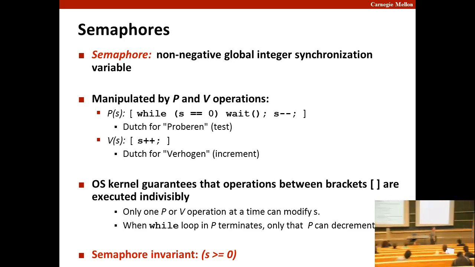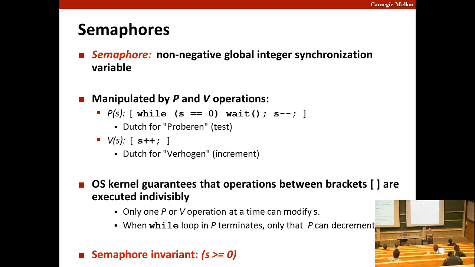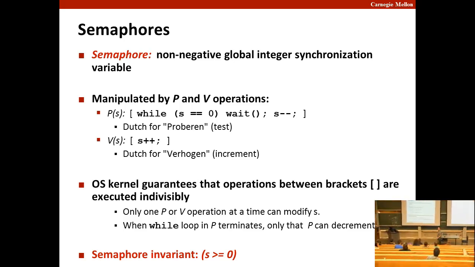So the semaphore basically guarantees the semantics that we test for, that we somehow wait until a resource is available, and then we safely decrement the count and then proceed. Somehow by magic, this is guaranteed to be uninterruptible, as if atomic.